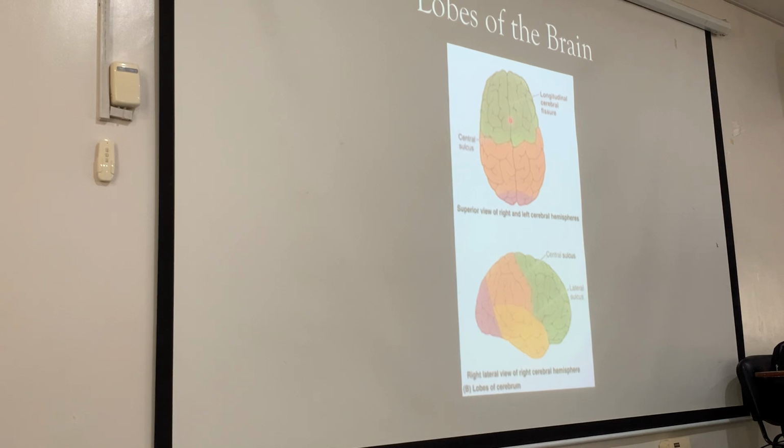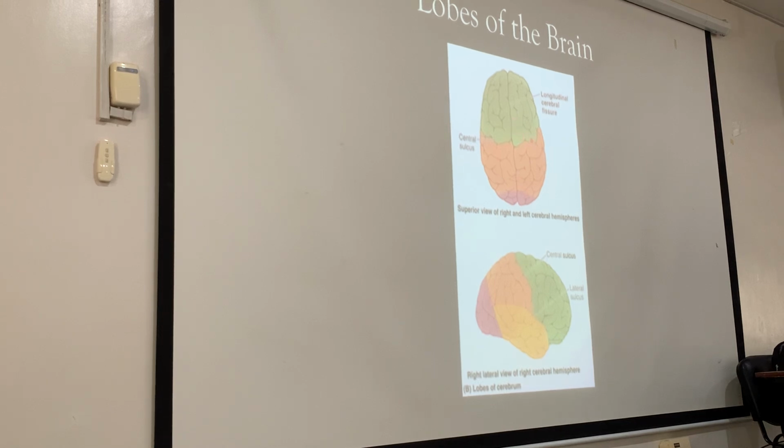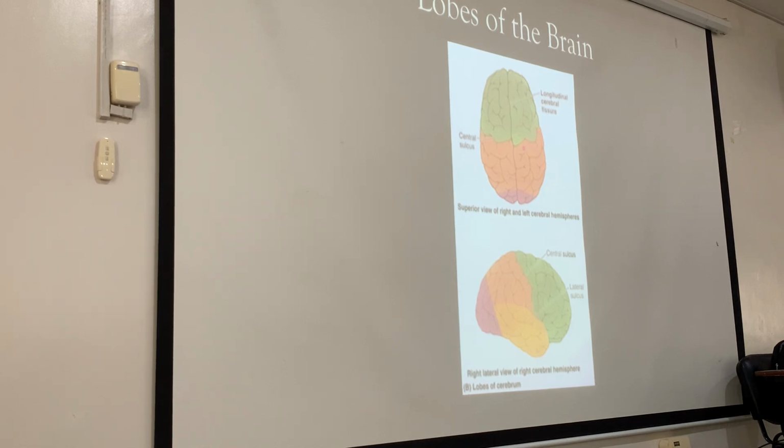So that's the frontal lobe, and then in between the frontal and parietal lobes, we have the central sulcus of Rolando. So this is the central sulcus separating the two. And in orange, we have the parietal lobes.